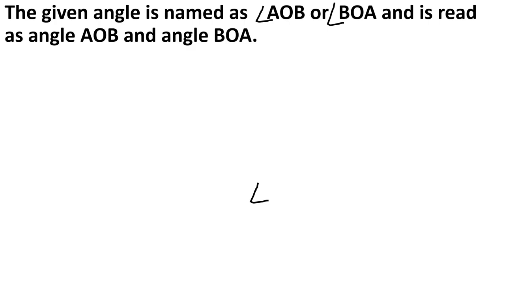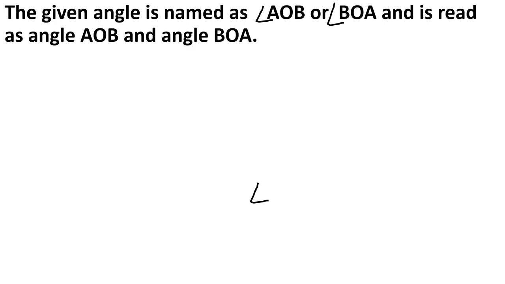Remember that the vertex always comes in the middle. Notice that in either case, the vertex of the angle is written in the middle. Whether it is AOB or BOA, in whatever way we write the name of the angle, vertex O is in the center of the name.